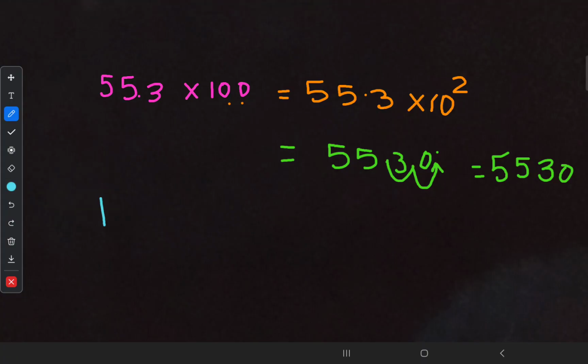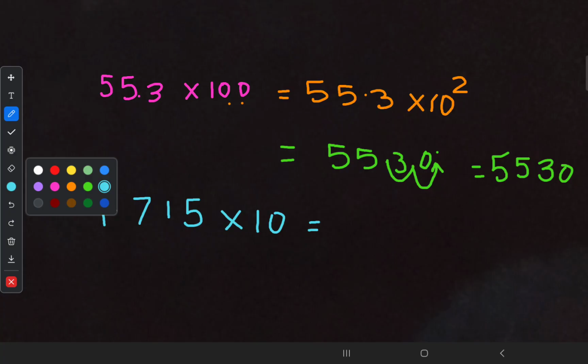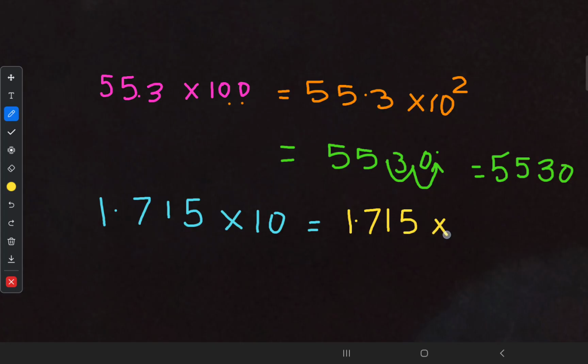1.715 multiplied with 10. Let's see how to multiply this. We can write it as 1.715, which remains the same, and 10 can be written as 10 to the power of 1. 10 means only one zero in this 10 power.